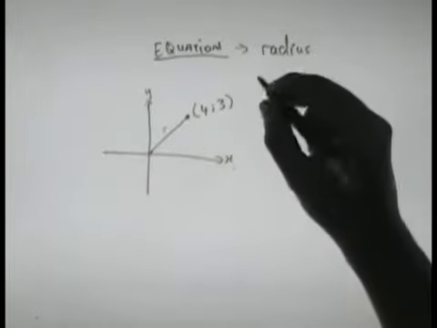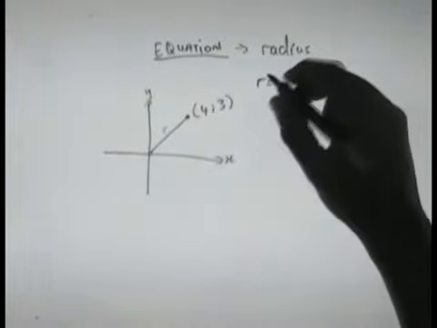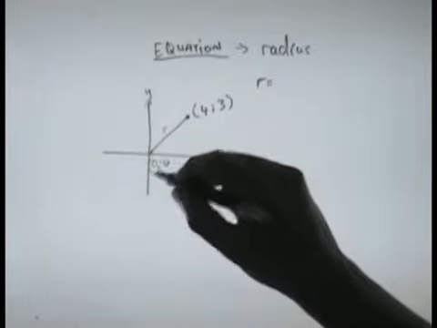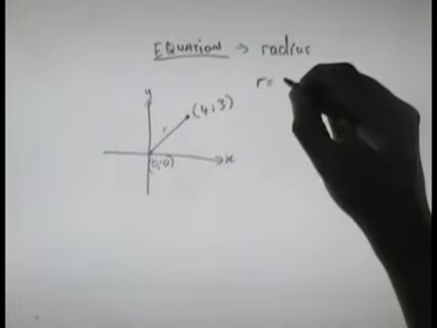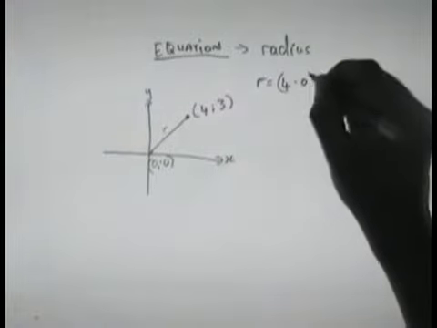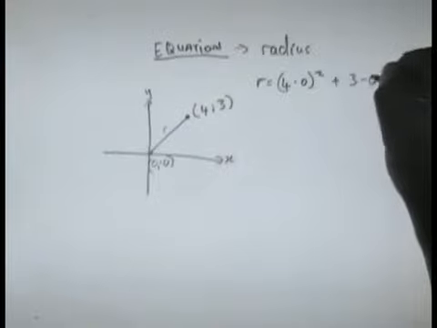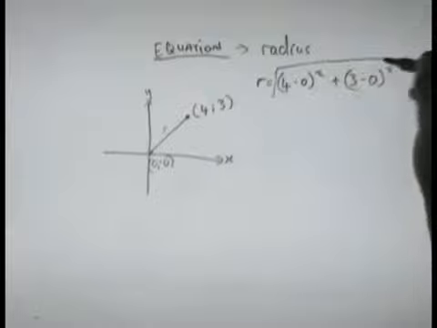Let's call that line r. r is going to equal, all we're going to use is our distance formula. Remember, that's the origin, so it's 0, 0. r is going to equal x2 minus x1, 4 minus 0 squared, plus y2 minus y1 squared, and the square root thereof.